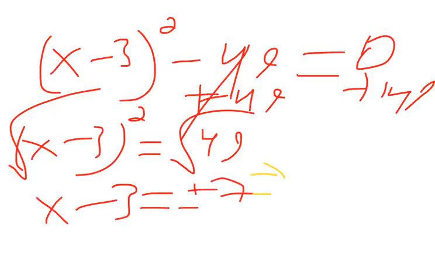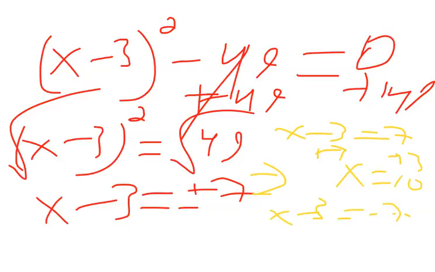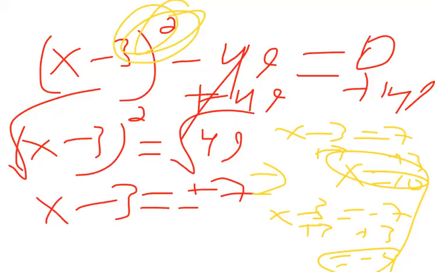That means x minus 3 equals positive 7, so plus 3 gives 10. But you can also have x minus 3 equals negative 7. In this case, adding 3, negative 7 plus 3 is negative 4. Those are 2 answers. And remember, there are 2 answers because ultimately this is a second degree equation, quadratic in that sense. That makes sense.